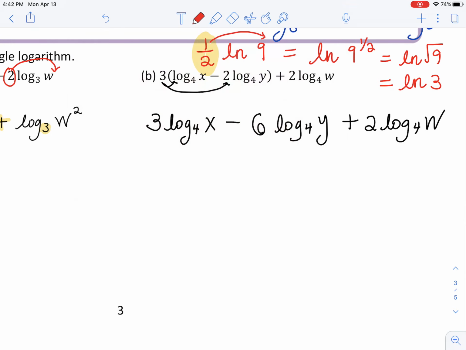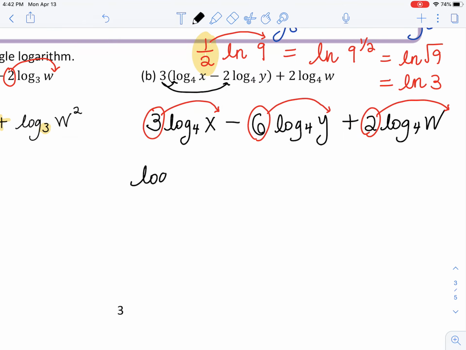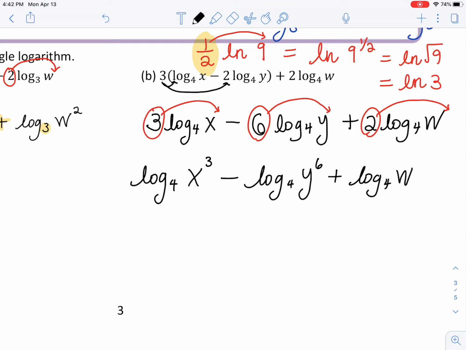Now, notice we have coefficients in front of these log terms. So we're going to send this 3, this 6 and this 2 to the exponents, and then rewrite it. So I'll have log base 4 of x to the third power minus log base 4 of y to the sixth power. And lastly, log base 4 of w squared.